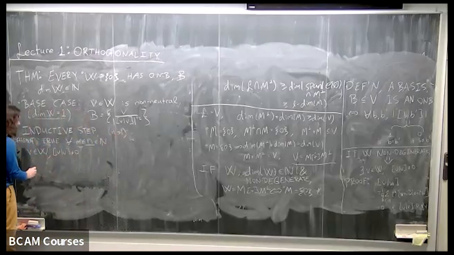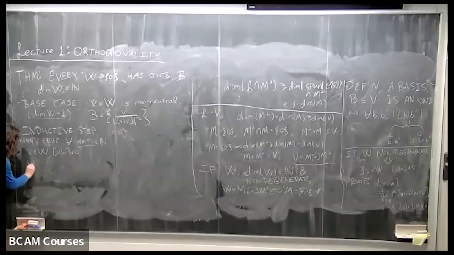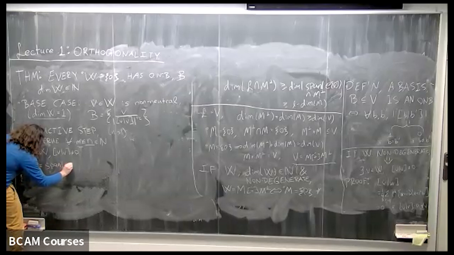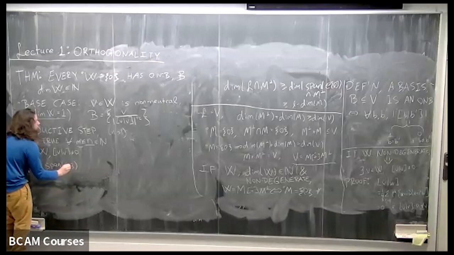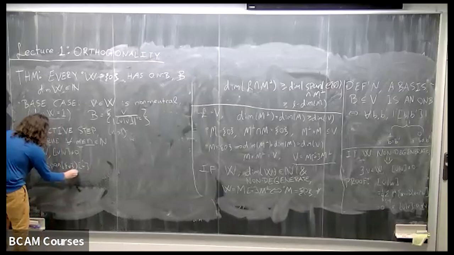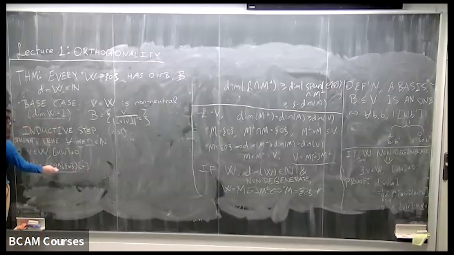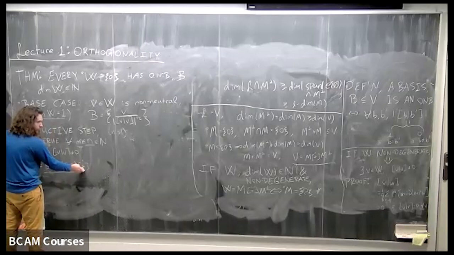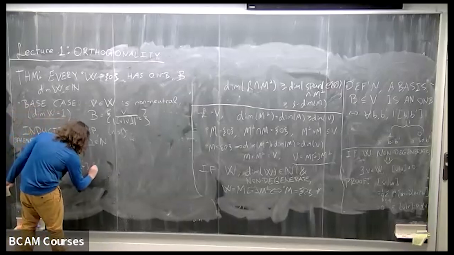And so then what I can do is write W as the direct sum of the span of this vector. Because again, we now know that this is non-degenerate. The span, we can take the orthogonal direct sum with its orthogonal complement.